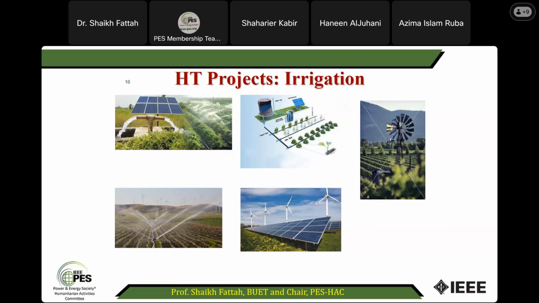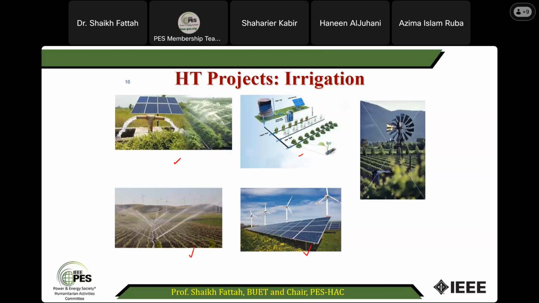You can see the irrigation systems, solar based irrigation, water purifying systems or water supply systems. And you can see how, for better plantation, you can use watering systems.